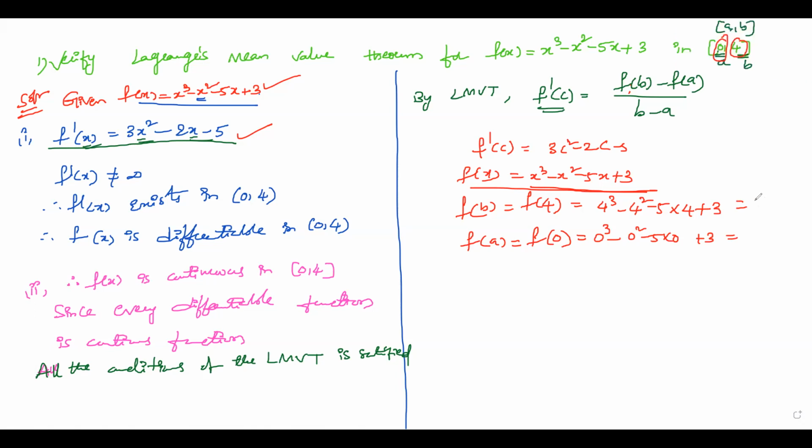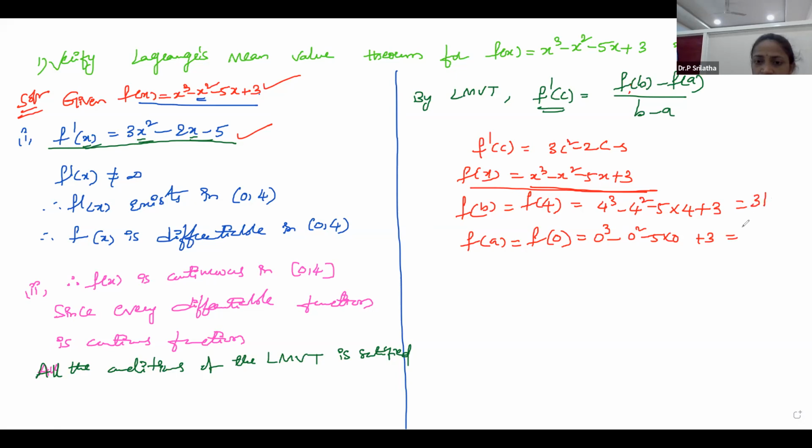31, ma'am. So f of B is 31, and f of A is 3, because the rest are all zeros, so we get only the constant. Substitute all these values in the main formula.